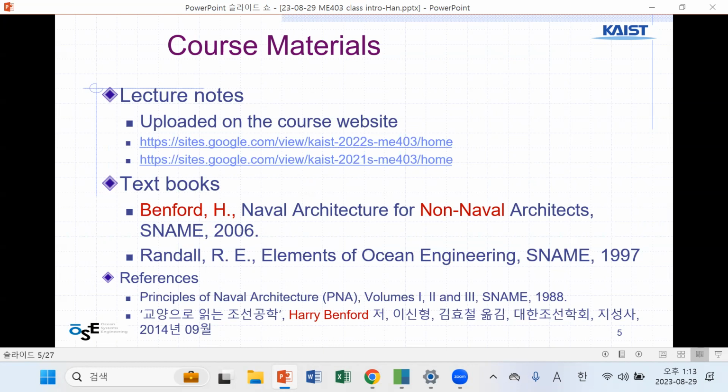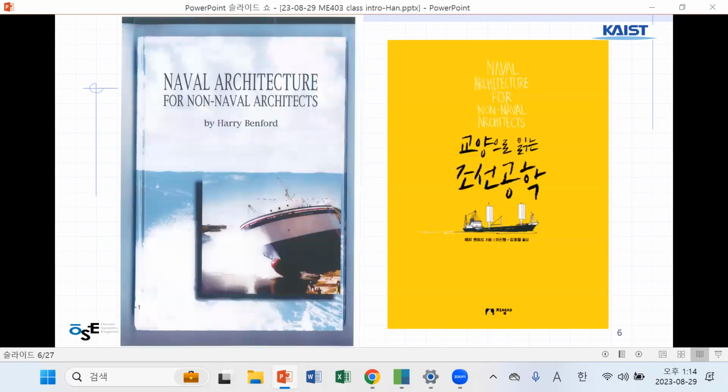So that is a very serious textbook for this area, especially naval architecture, not much on ocean engineering. The Korean title is a translation of this book into Korean. So this is the first book by Harry Benford.